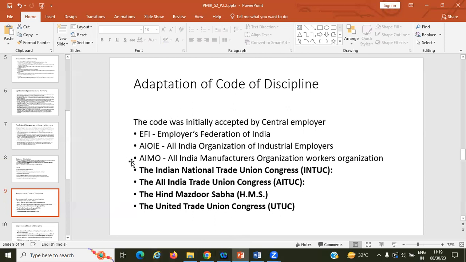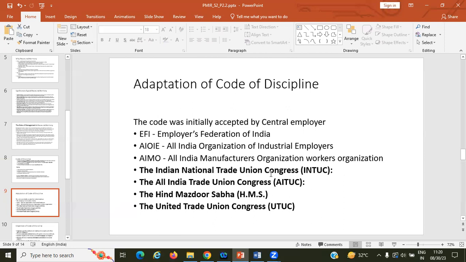So a question can come, who accepted and adopted the code of discipline? You can mention these employers, the government employers, then the trade union organizations: INTUC, AITUC.